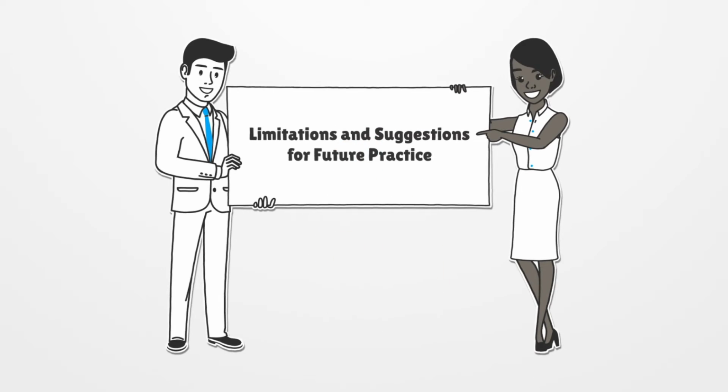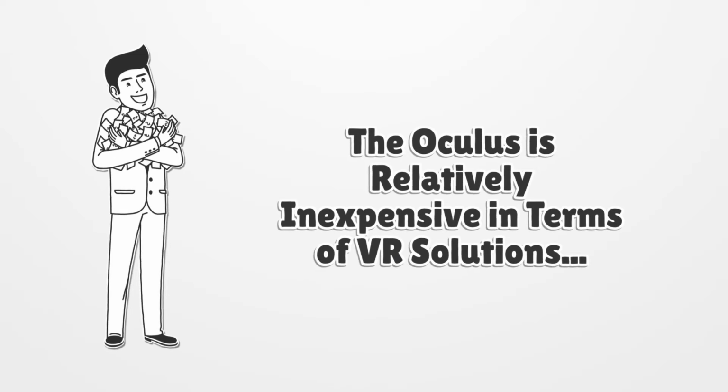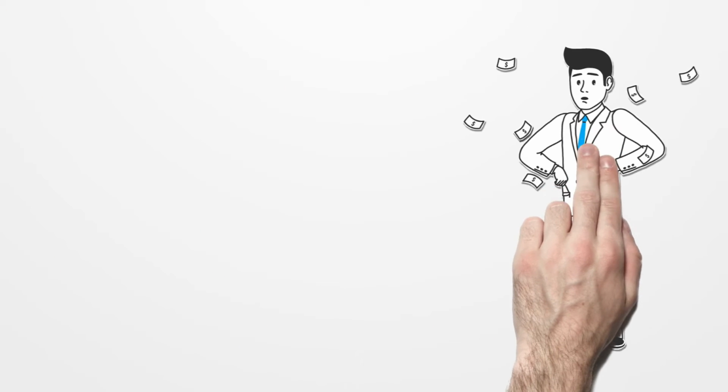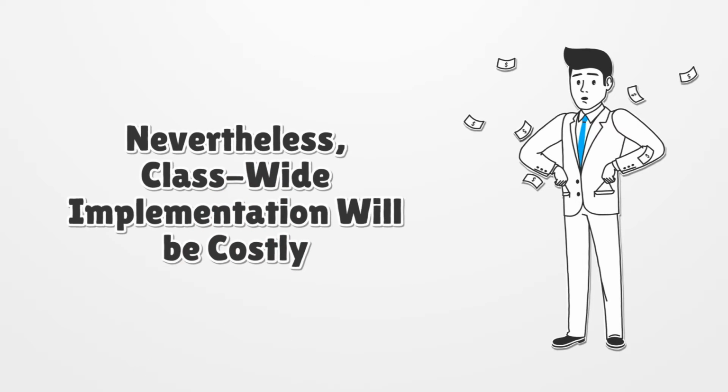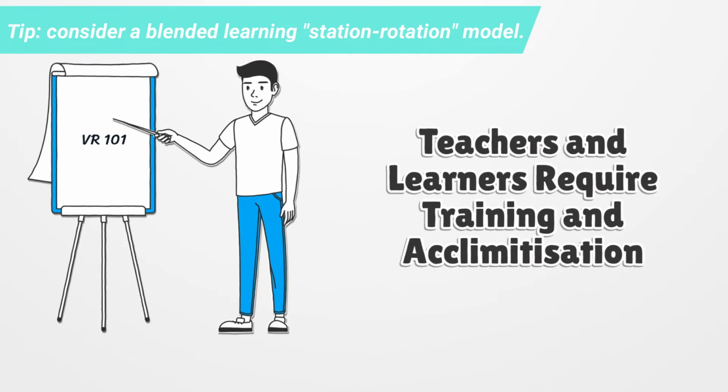So now I'm going to talk about some of the limitations and a few suggestions for future practice. Although compared to other headsets, the Oculus Quest and now the Oculus Quest 2 are reasonably cheap, class-wide implementation is going to be pretty expensive. There will be some setup and training required for both the teachers and learners, unless they're familiar already.